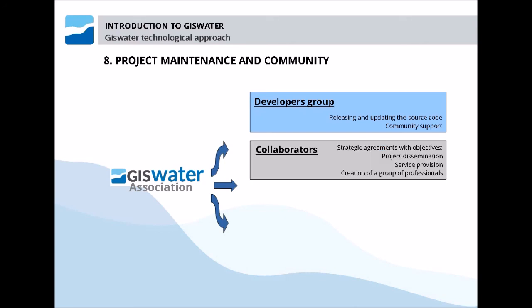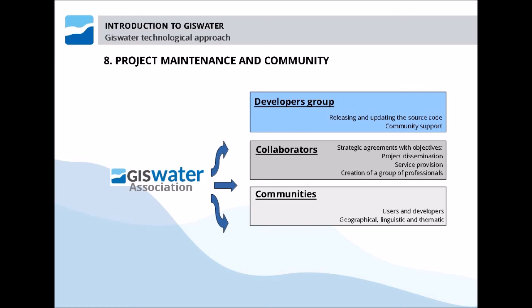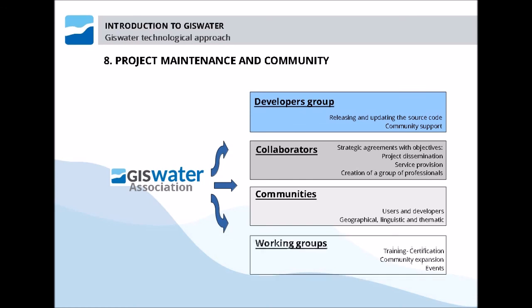Note that there is more and more participation and collaboration agreements have been signed with different entities. Also, there are different communities such as thematic, linguistic, or geographic, where they involve different work groups. Finally, I invite people to create work groups and to create tools so that everybody can find a place in this project.